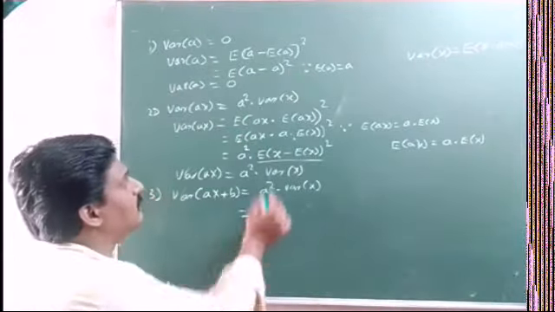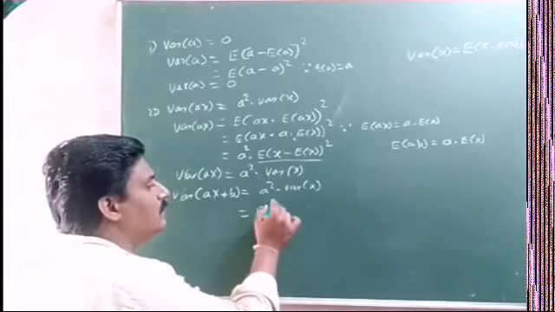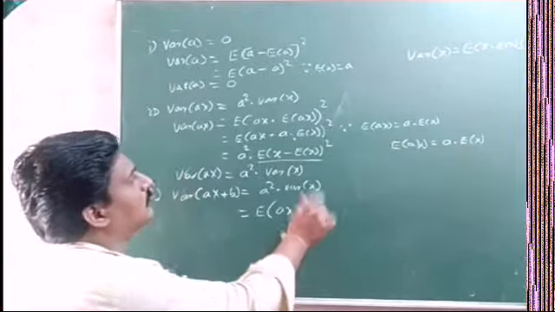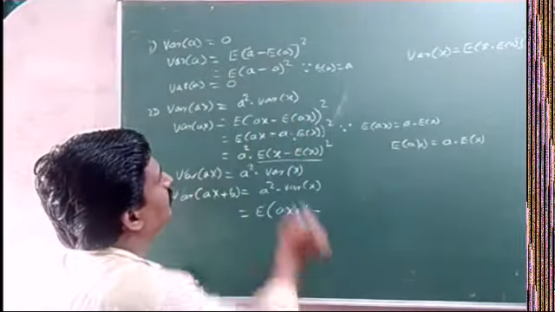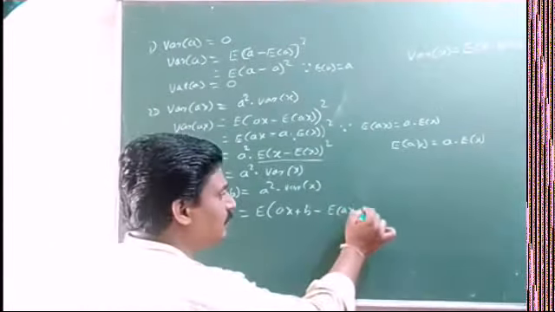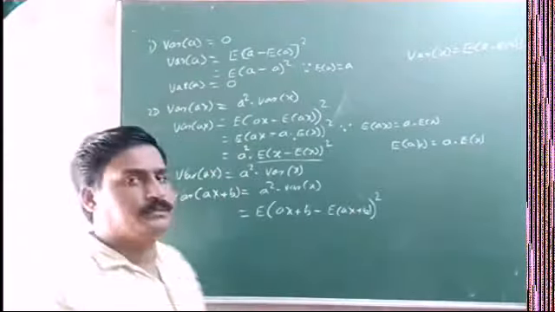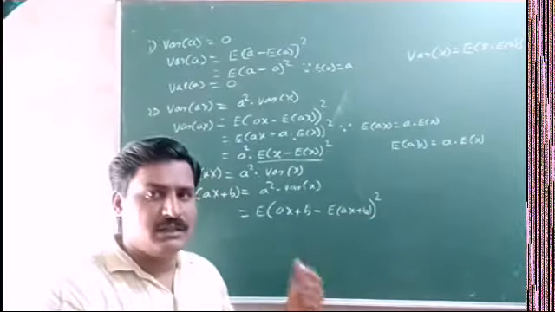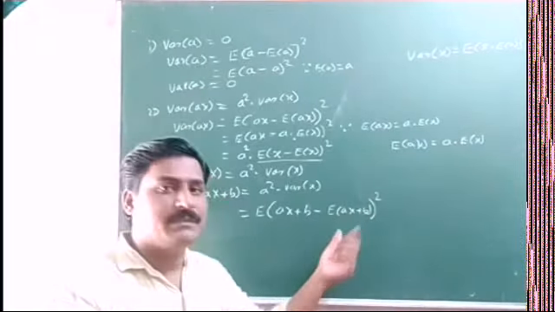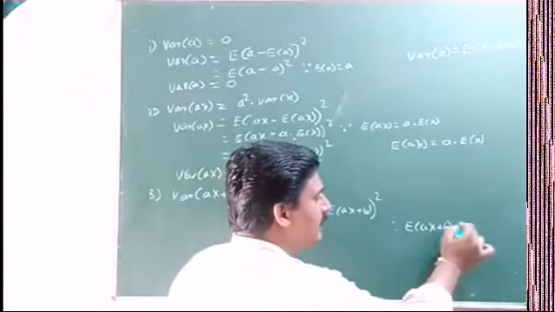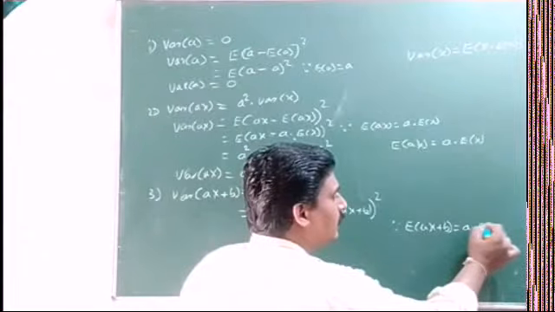So it becomes E of ax plus b minus E of ax plus b whole square. In E of ax plus b, we already learned that the result of E of ax plus b is a into E of x plus b.